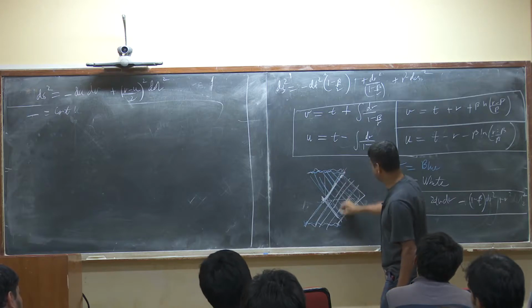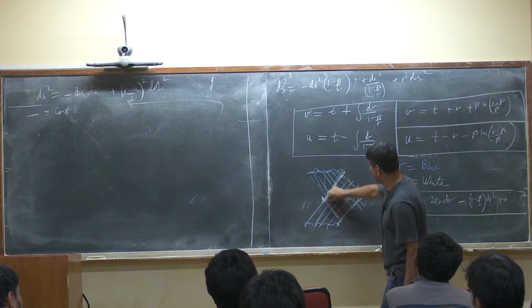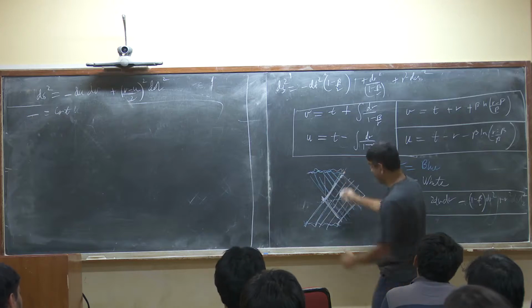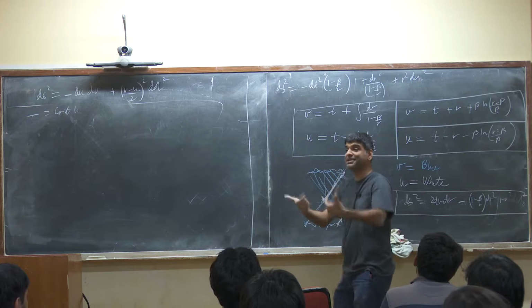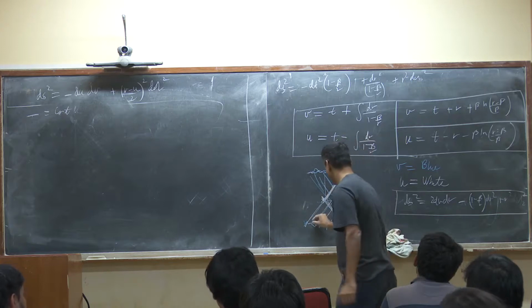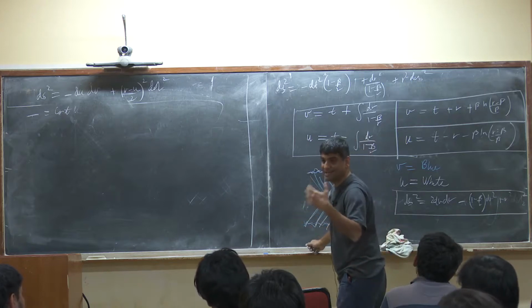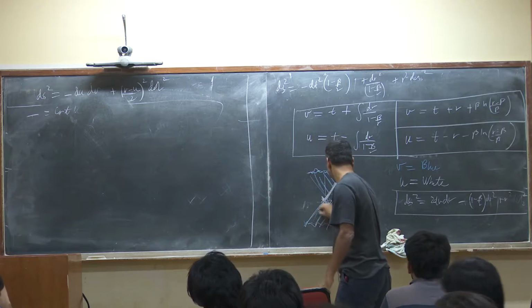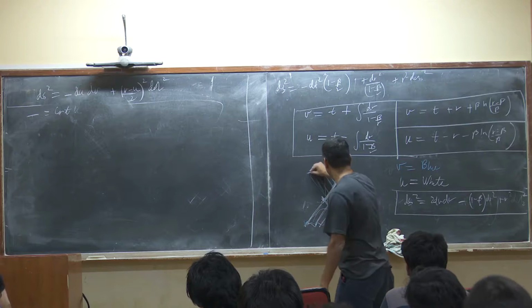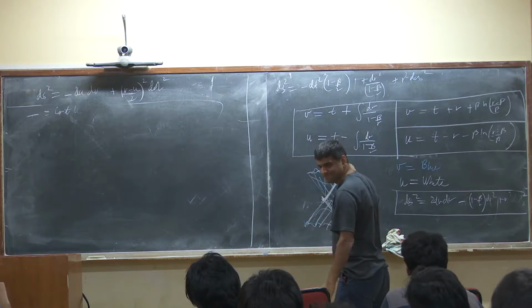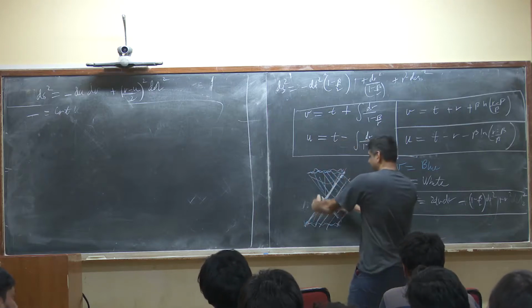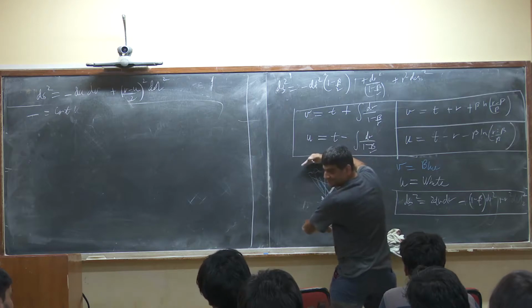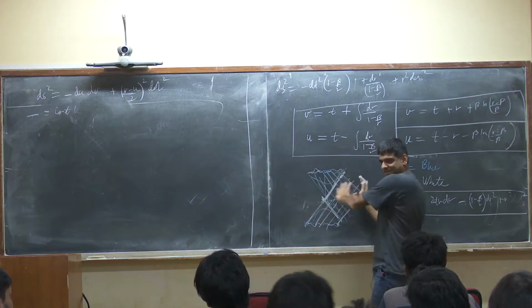Other lines of constant r will come like this, r is equal to 2m is like this. Then r less than 2m breaks up. r is beta by 2, one thing is like this, and another thing is like this. And then when you go towards 0, it just flattens out. That's roughly how lines of constant r evolve in this diagram.